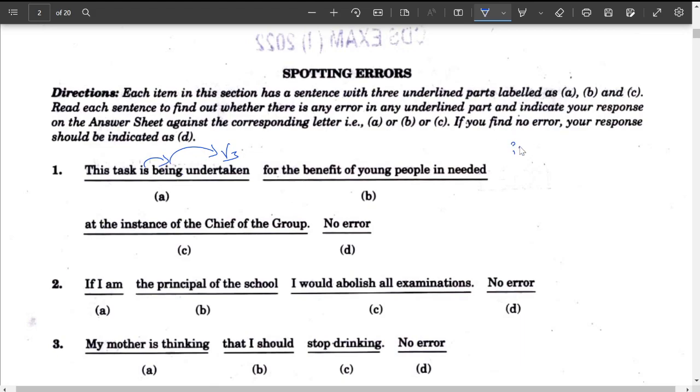Remember, is, am, are, was, were: in the passive voice, they are followed by being plus V3, passive continuous voice. This task is being undertaken for the benefit of young people who are in need, not needed. So we need only the people who are in need. So the error is in the B part.